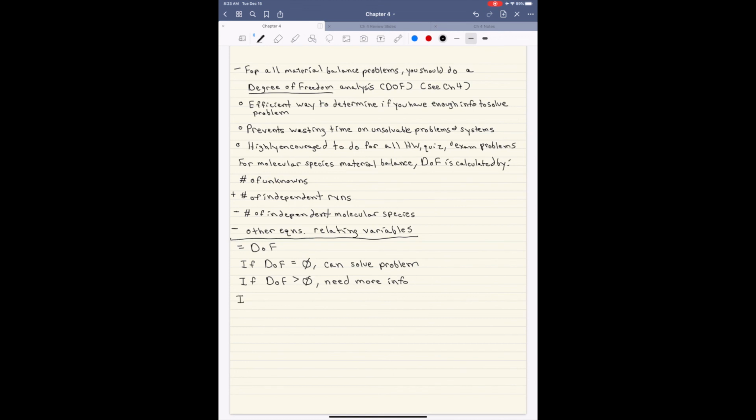And if your degrees of freedom are less than 0, then your system is overdefined. And really that means just something is wrong with the setup of the problem. Okay? Alright, so in the following video, we're going to get some practice calculating and applying the degree of freedom analysis.